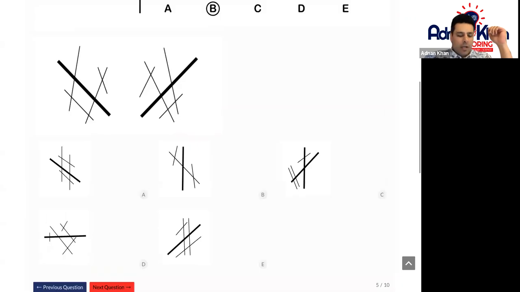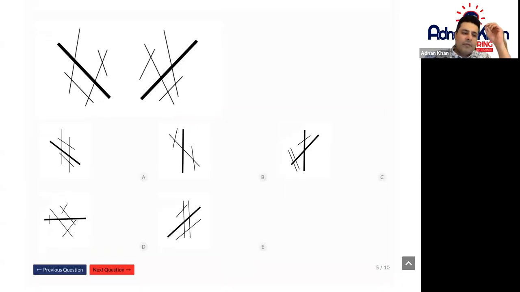So question number 5. Each figure on the left consists of one bold line with four fine lines. Let me just show you this. Let me highlight this. So one bold line. Can you see this bold line? And then you've got one, two, three, and four lines. So let's look at the next example. This one here. Bold line. And then you've got one, two, three, and four lines. So that's all we're looking for. One bold line, and then four fine lines.